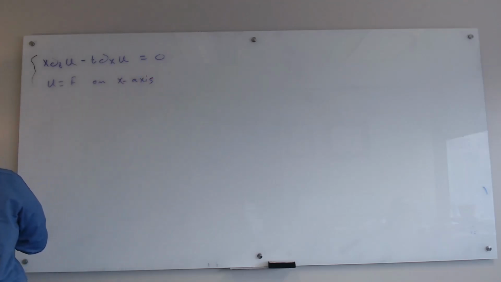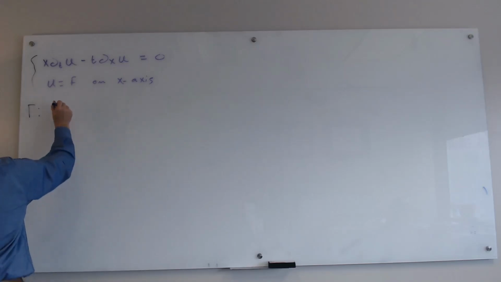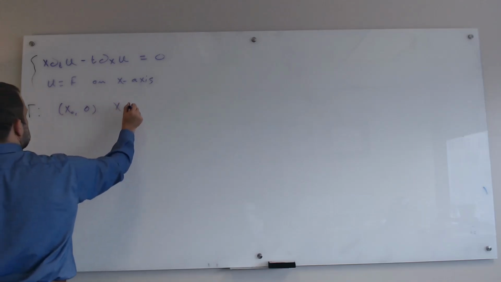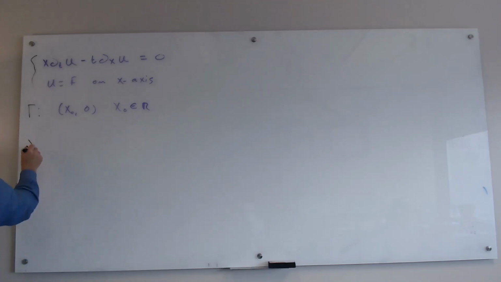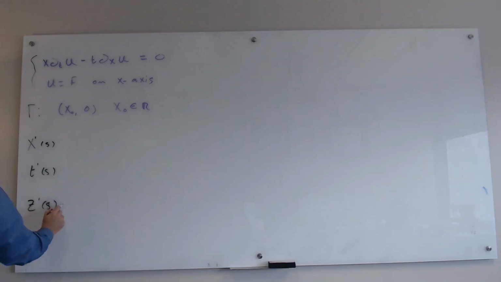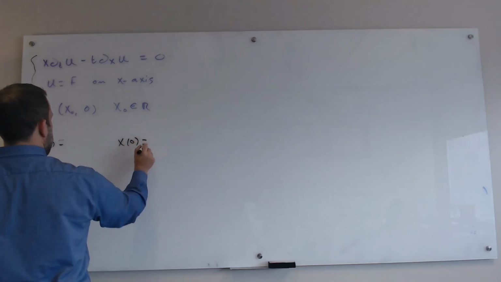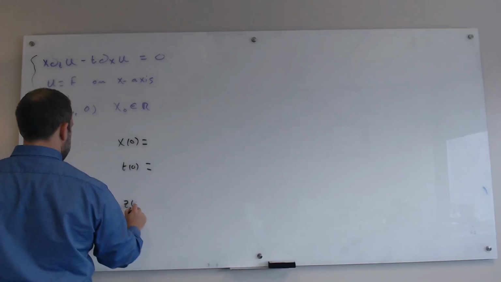And then we will give our parameterization for gamma here, which is just going to be (x naught, 0) for x naught running through the real numbers, and then we'll have our three different equations: x prime of s, t prime of s, z prime of s, and then our initial conditions: x of 0, t of 0, z of 0.